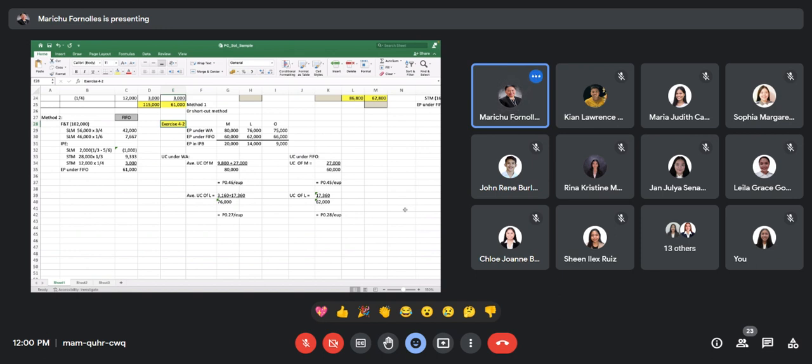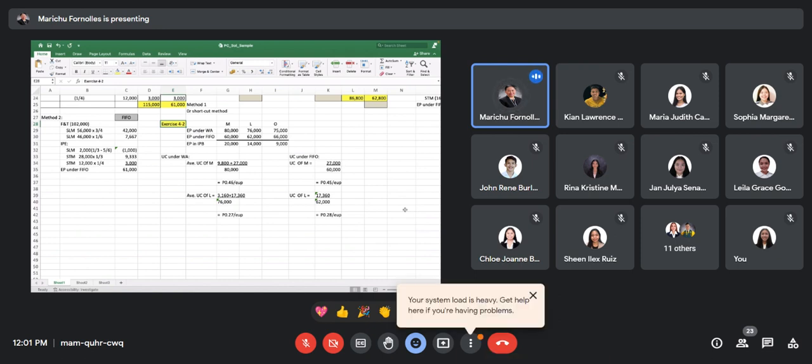Do you get it, class? In weighted average, we average the cost last month and the cost this month. So to get the average unit cost of overhead, it would be overhead cost last month 5,010 plus the overhead cost this month 42,240 divided by EUP for overhead under weighted average 75,000 equals 63 centavos per equivalent unit produced.